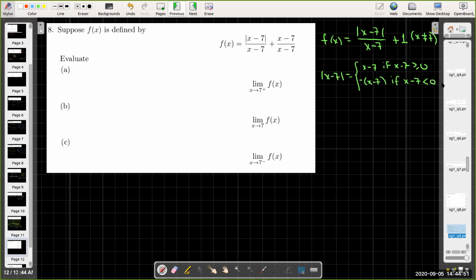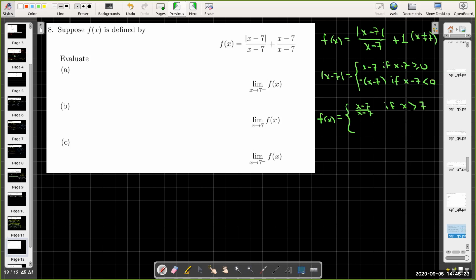So that gives us a simpler function, if we make it a piecewise defined function. This would say that f of x is going to equal x minus 7 over itself, x minus 7, if x is greater than 7.